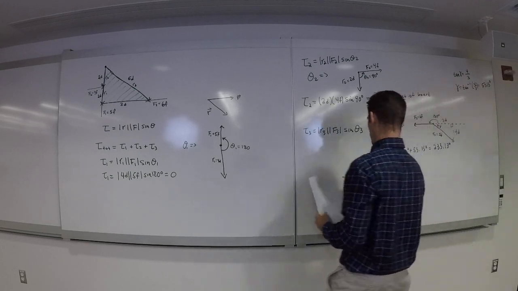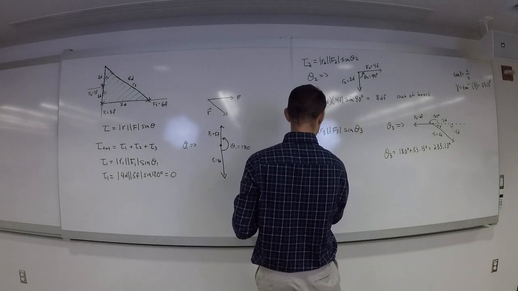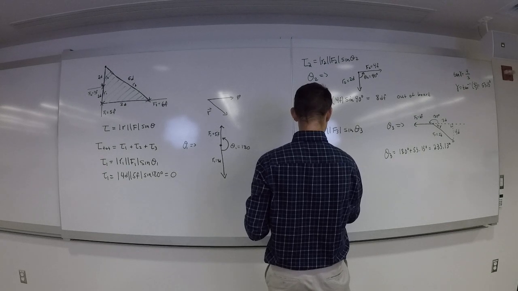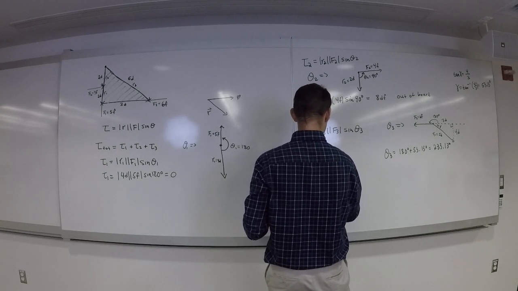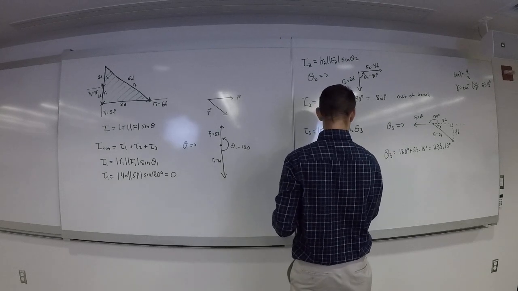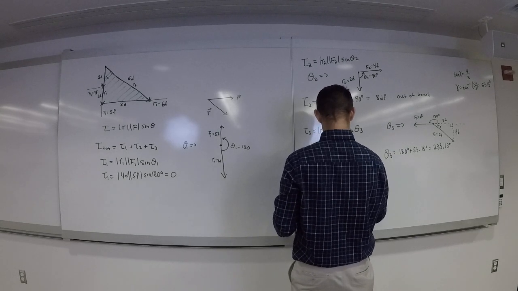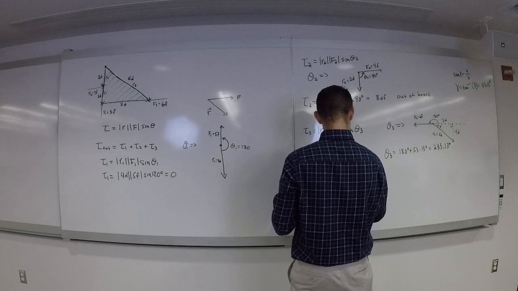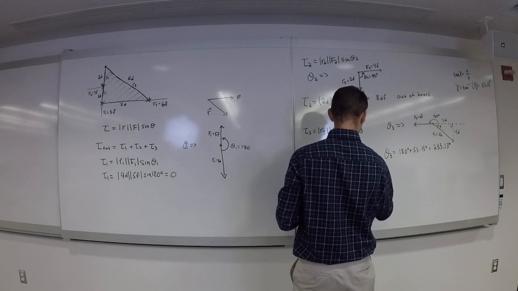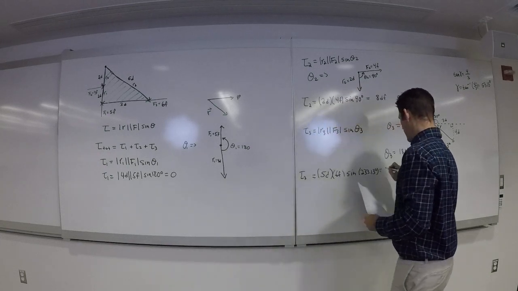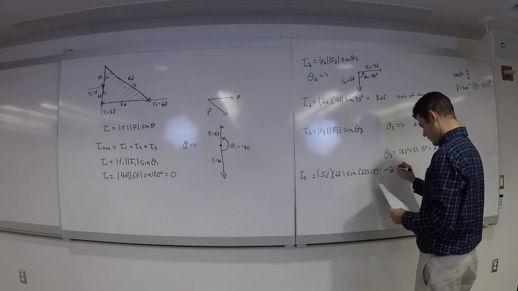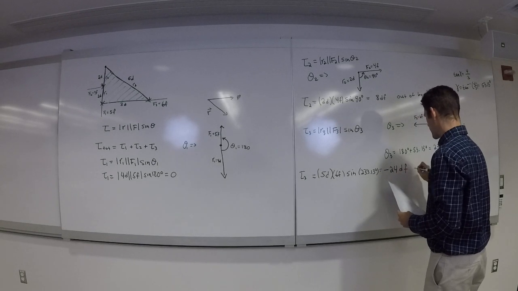So torque 3 can be calculated as R3, which was equal to 5D, times F3, which was equal to 6F, times the sine of 233.13 degrees. Now when you calculate that, you'll notice that you get negative 24D times F.